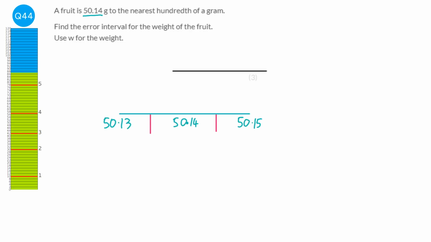And so the halfway point here is 50.135, and the halfway point here would be 50.145. So the lowest it could be is 50.135, the highest it can be is 50.145, and it asks us to use W for the weight, and we're going to show this with inequalities.